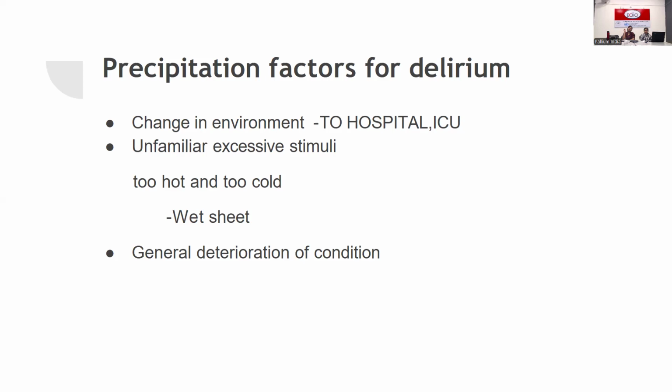Most of the time, palliative patients whose diseases are advancing, that can also become a precipitating factor for delirium. So you will have to explain those things to the caregiver. Okay, next.